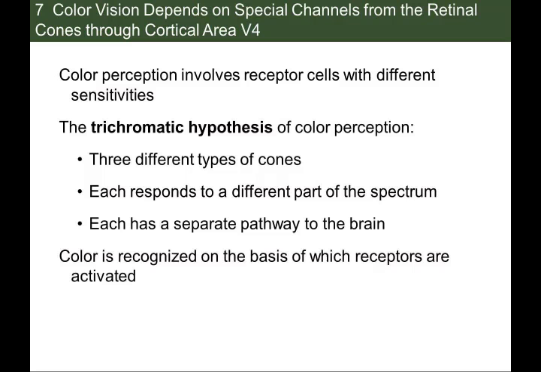So the trichromatic hypothesis really makes sense if you look at the cones, the photoreceptors. That hypothesis makes a lot of sense, because you have 3 cones that have peak sensitivity to short wavelength, medium wavelength, and long wavelength.